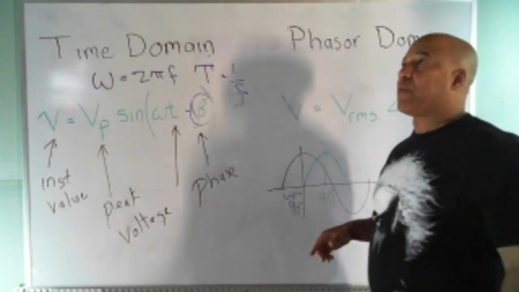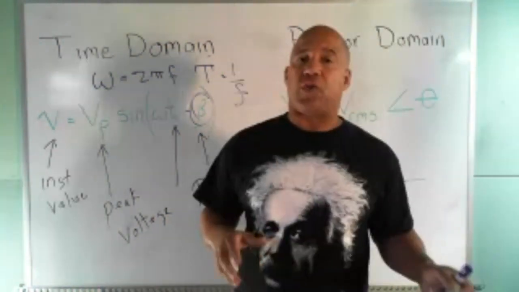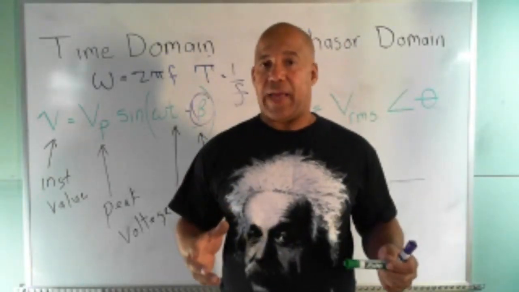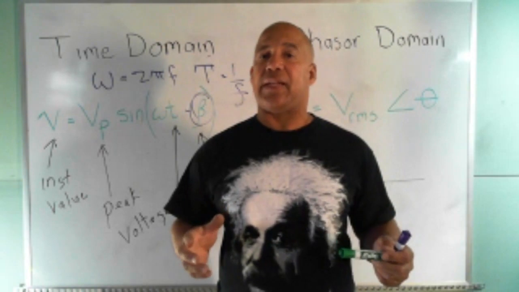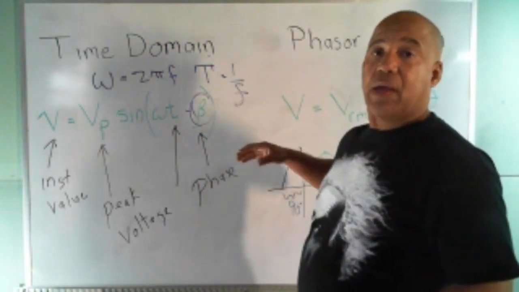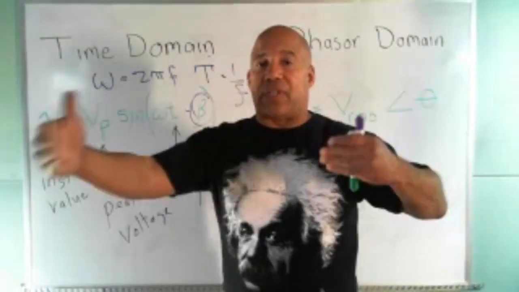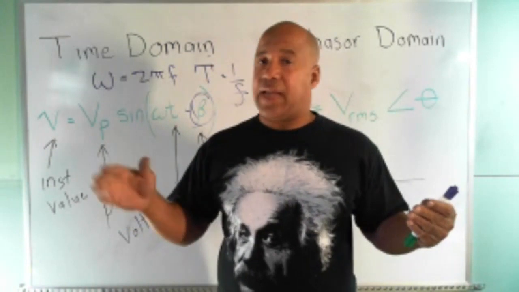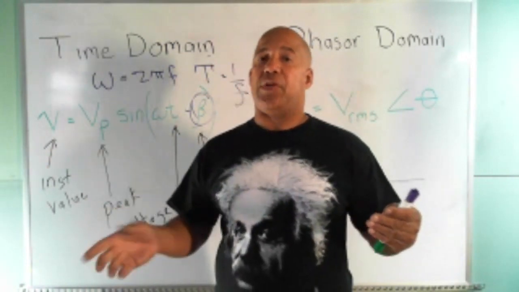Now, I spent about 30 minutes in a previous video trying to explain to you exactly what RMS is. And the reason I want to explain it is because I want you to know why we can do the things we're going to do this semester. RMS is an equivalency between AC and DC in terms of heating effects. I won't go through the details again, but you can review the video.